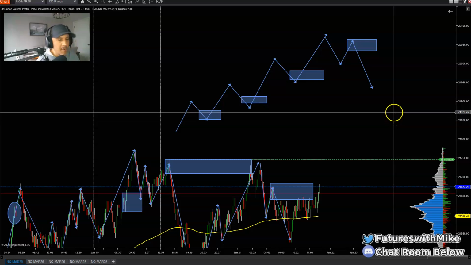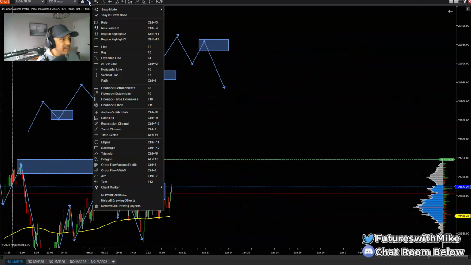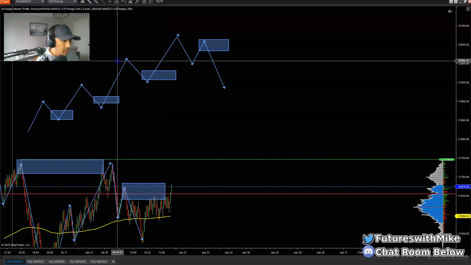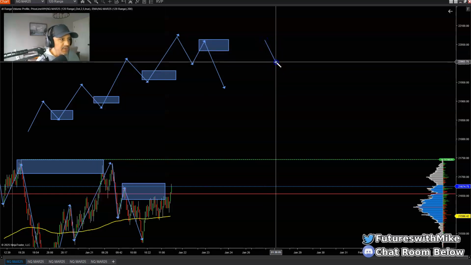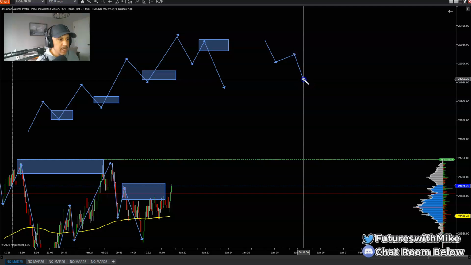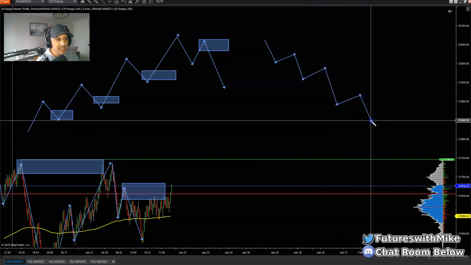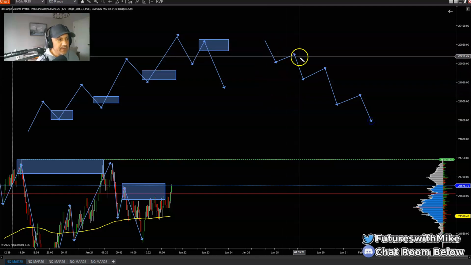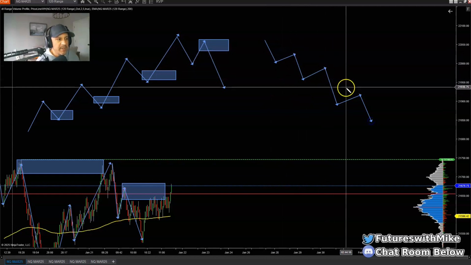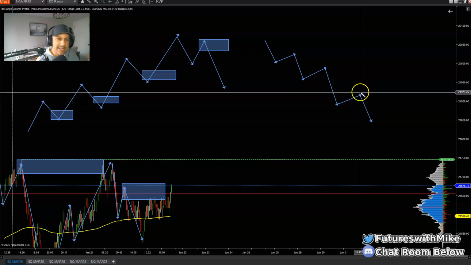So it's the same thing if the market is moving from the downside back to the upside. If the market was moving lower, lower lows, lower highs, lower lows, lower highs, and breaking structure lower to the downside, each time these areas within the swing could be your areas of supply to look for pullbacks to go short.